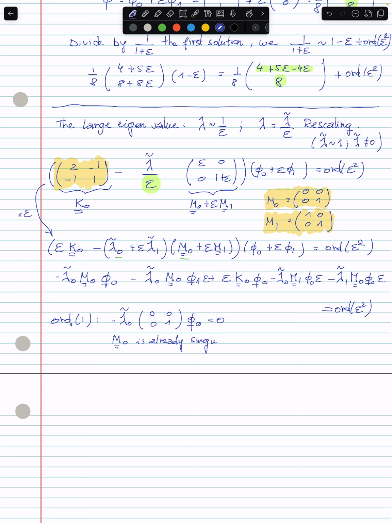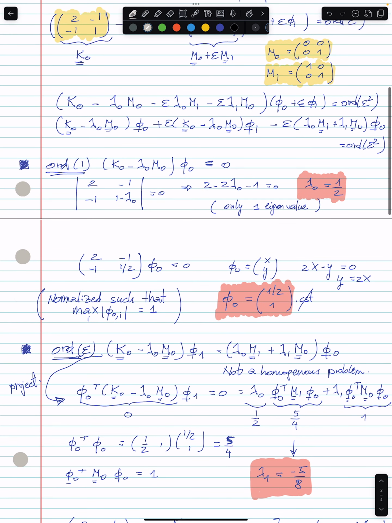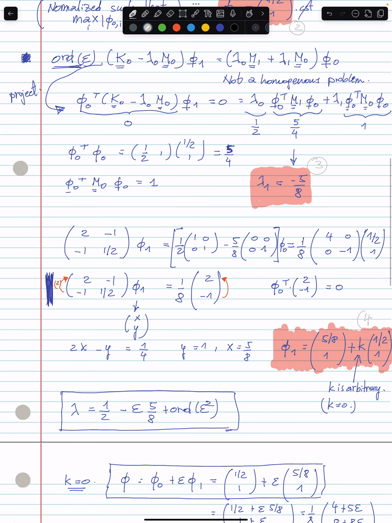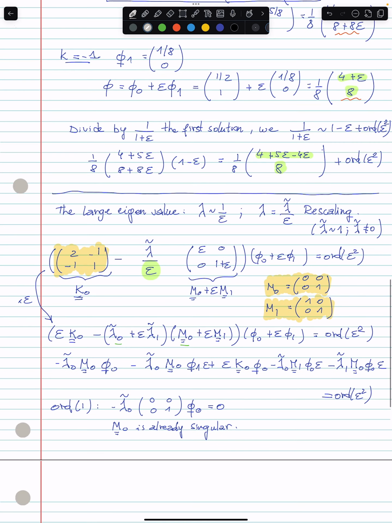When this is the case, then there is something specific. Instead of starting first by the eigenvalue and then the corresponding eigenvector, which is what we usually do in classical calculus, then the correction to the eigenvalue, and then the correction to the eigenvector, unfortunately here you see that there is no way to get the eigenvalue at leading order. But it shouldn't be too much of a problem.